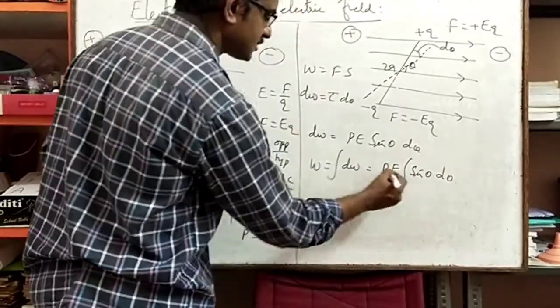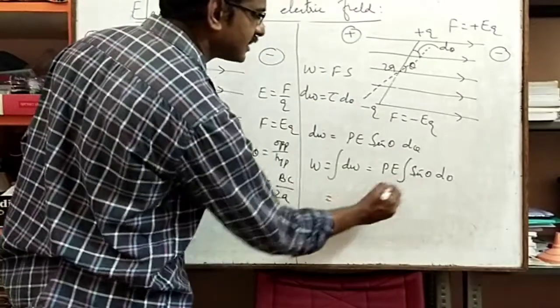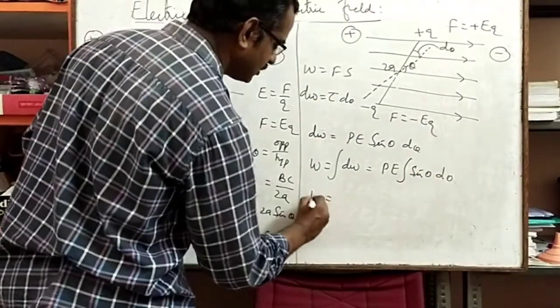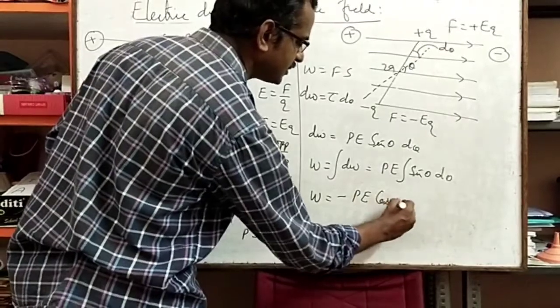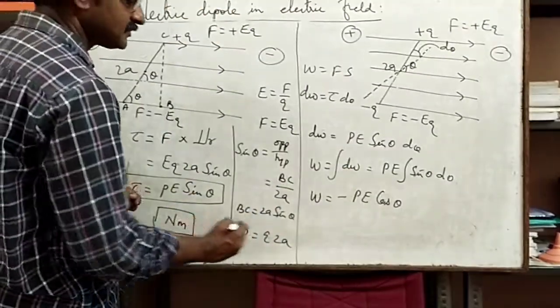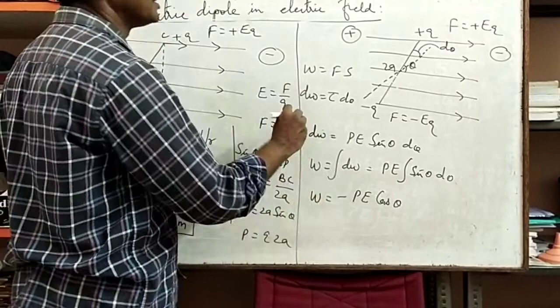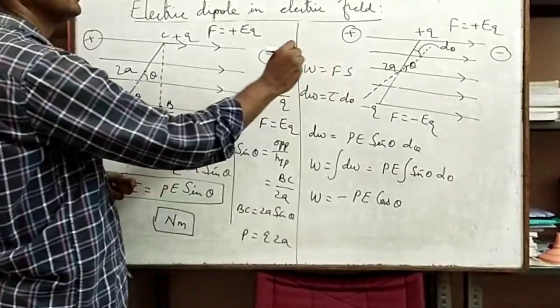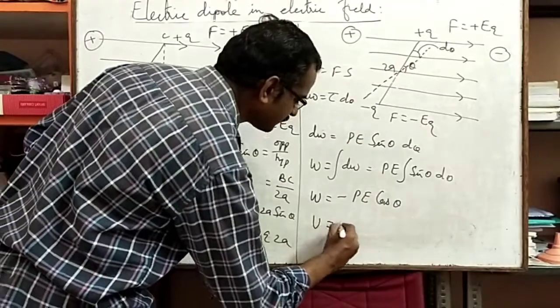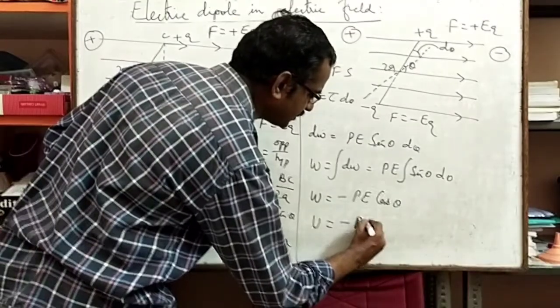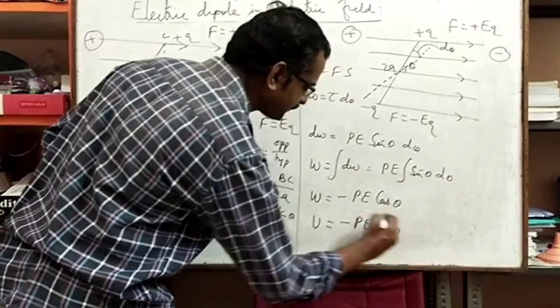P and E are constants, so we take them out. The integral of sin theta is minus cos theta, so the total work done is equal to minus PE cos theta. This total work done is stored as electrostatic energy in the dipole, so we can write it as U. U is equal to minus PE cos theta.